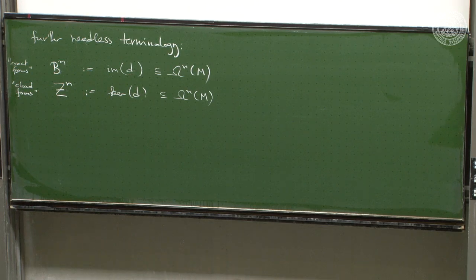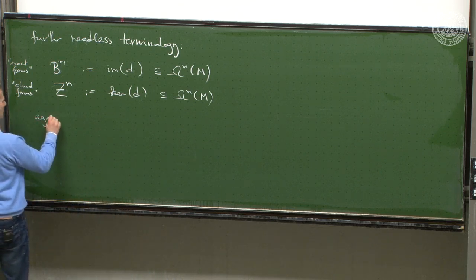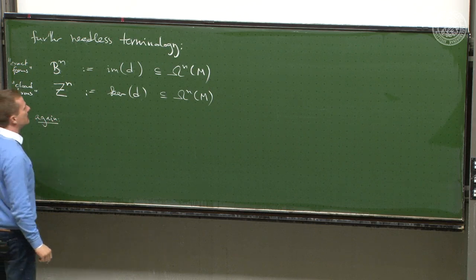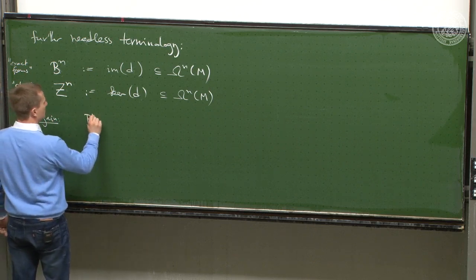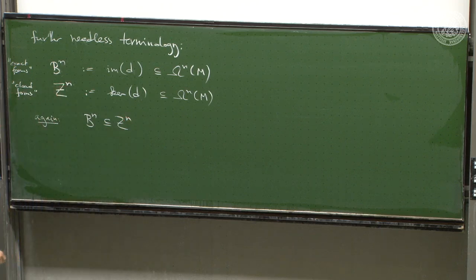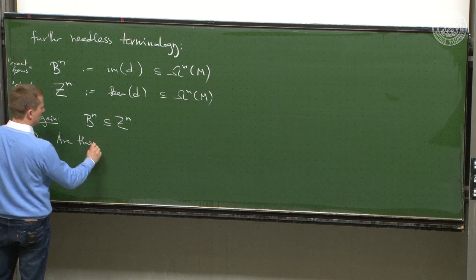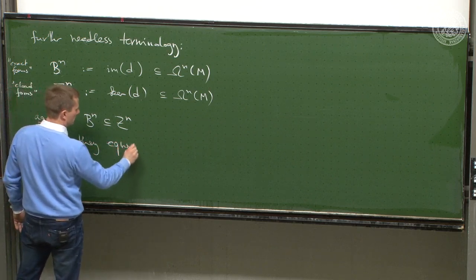And so again, we know that the image lies in the kernel, so we know that the exact ones lie in the closed ones, okay? And the question is, when are they equal? Question, are they equal?